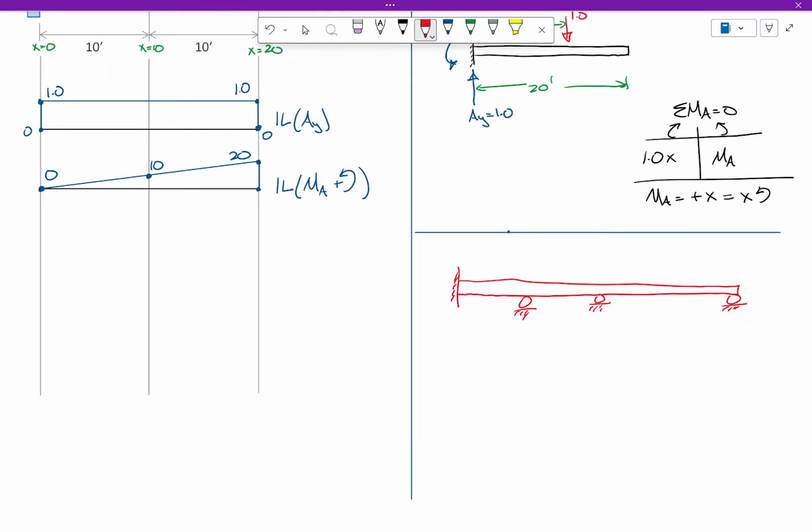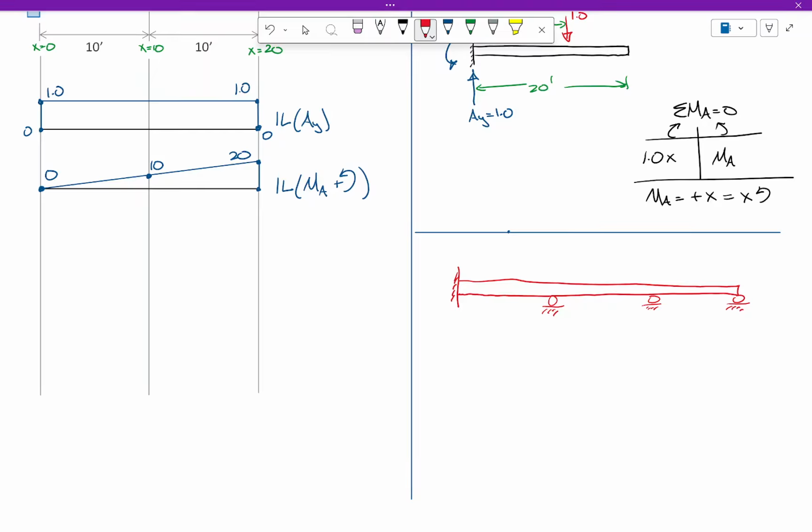And then, wait, hold on. That's not what I want to do. How do I want to do this? Let's do a roller here. A roller here. That's what I want to do. And a roller here. And then in between, so we've got a fixed ended beam, 3 rollers.